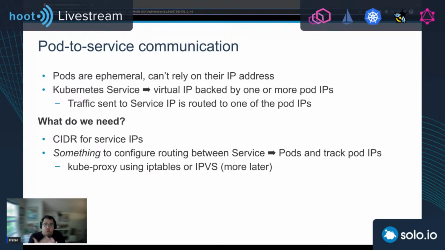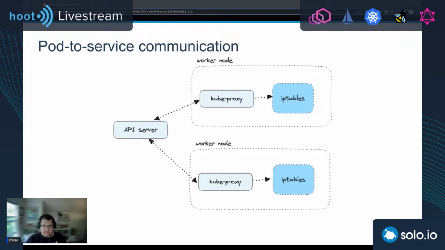How, or who, or what updates those IP addresses? That's solved by a component called kube-proxy. And there are two approaches, more or less: iptables or IPVS, IP Virtual Server. I'll talk about this a little bit later, and I'll show it in the demo as well.